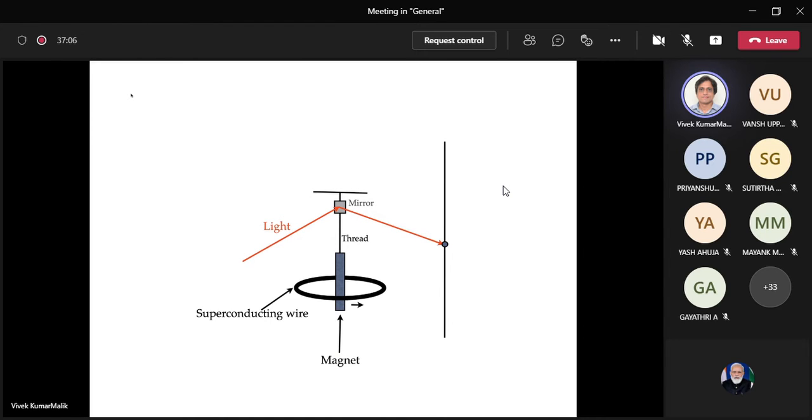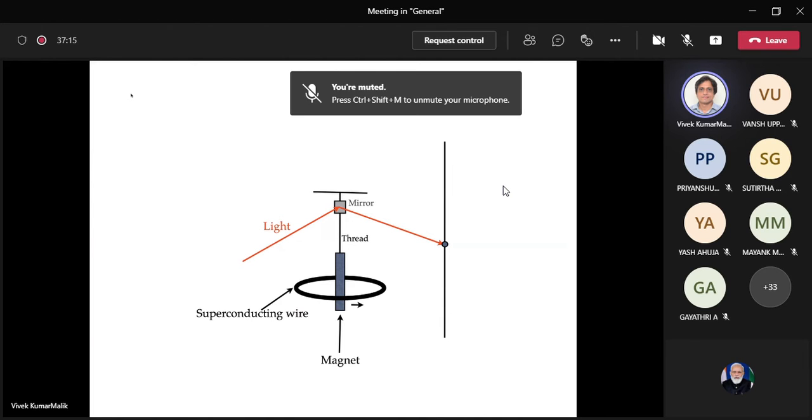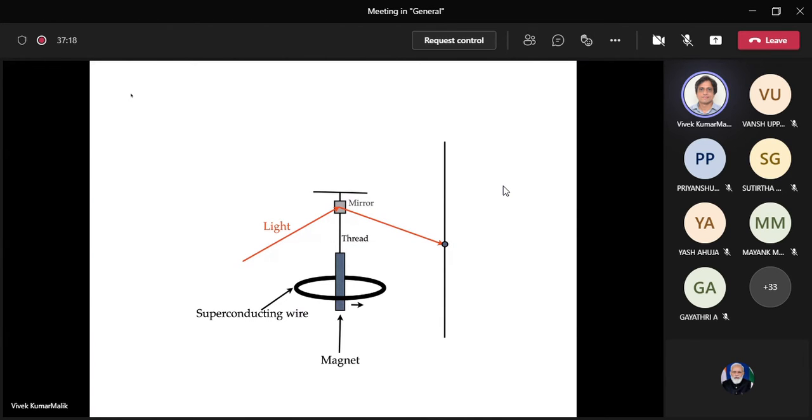If you reflect light from it, as soon as there is a current in the wire, a magnetic field is generated by the wire, and there would be a torque on this magnet, so it moves and the spot on the wall moves. You go into the superconducting regime below 4.2 Kelvin, you put the current into it, and then you put it in a persistent mode: the current keeps flowing inside it. You switch off the external power supply. There is a way to do it, which I'm not explaining right now. You can make a continuous loop, so the current keeps flowing.